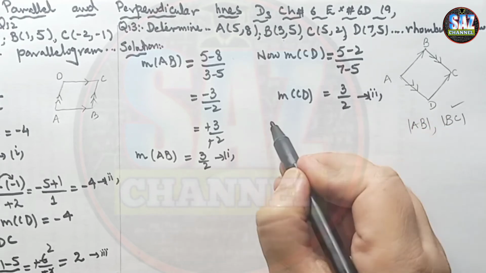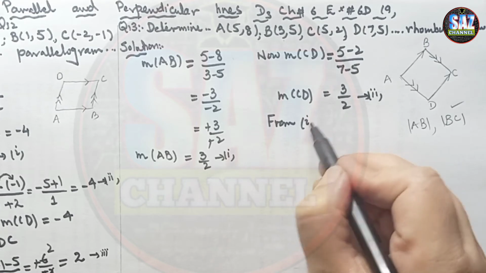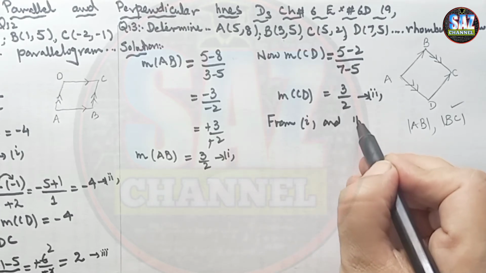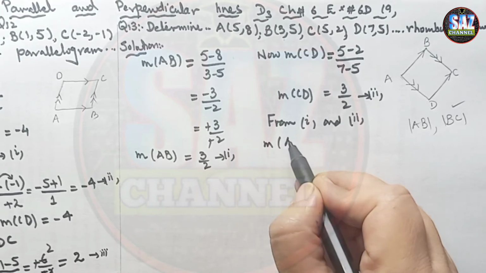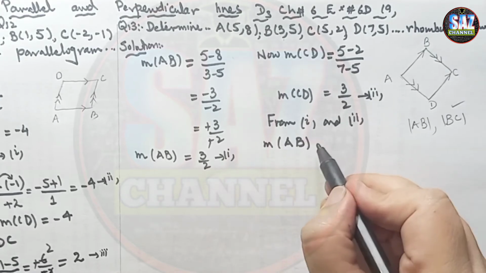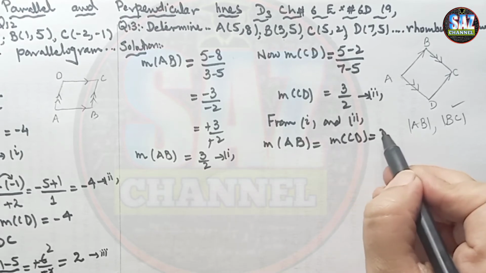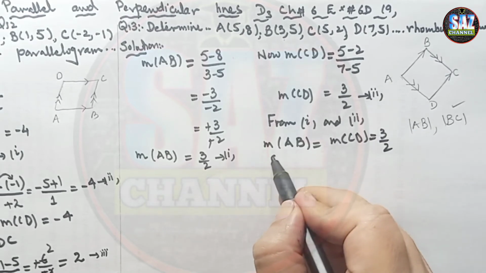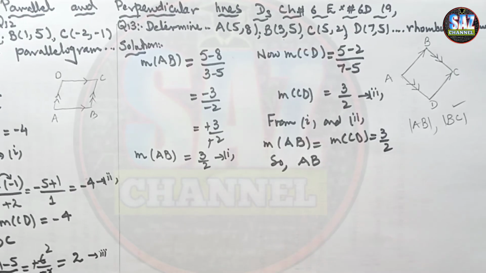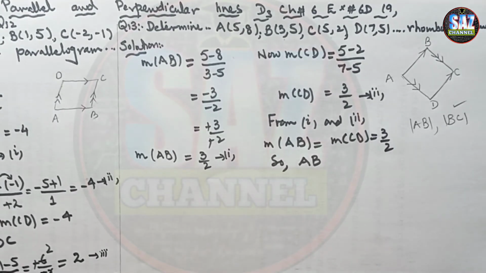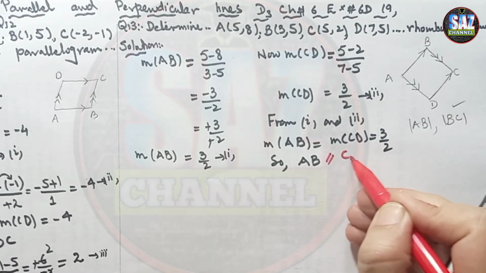From 1 and 2, what we are observing is that gradient AB is equal to gradient CD, which equals 3 by 2. So AB is parallel to CD.